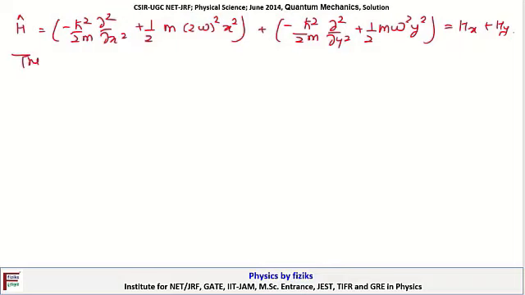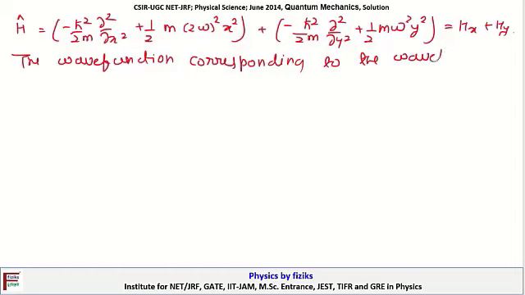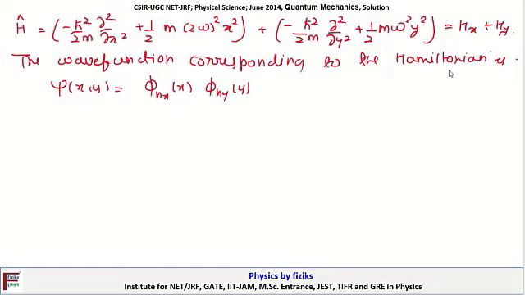The wave function corresponding to this Hamiltonian is psi xy equals phi nx of x into phi ny of y.